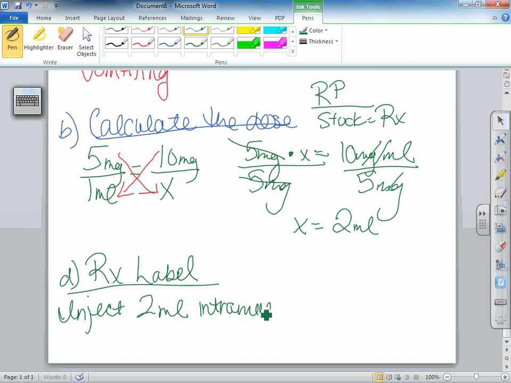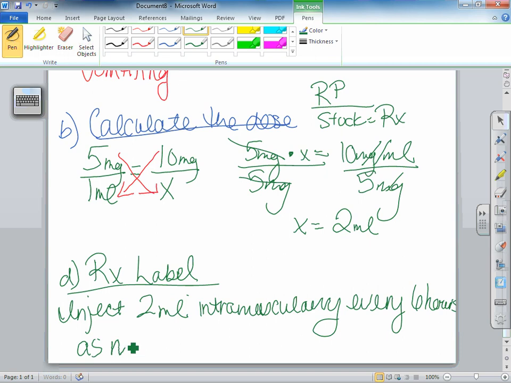Intramuscular. Every 6 hours as needed for nausea and vomiting. All right.